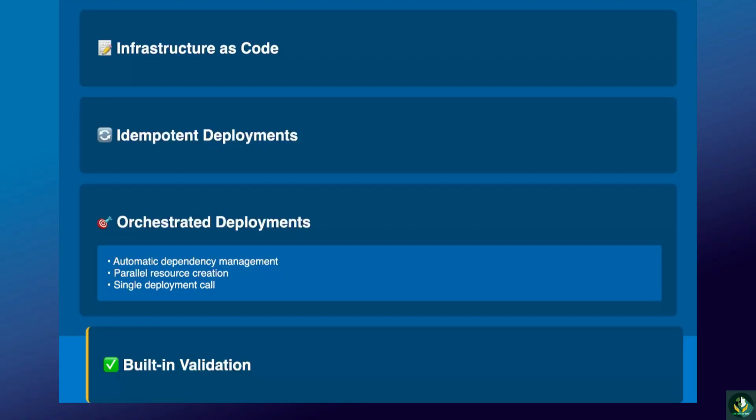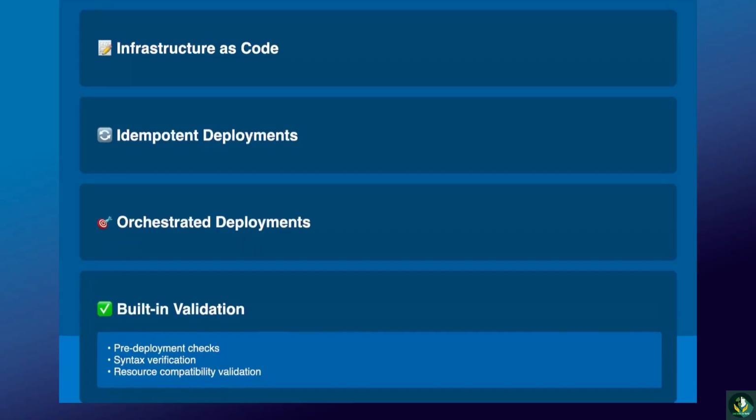Now, Resource Manager includes built-in validation to check your template before deployment. This validation ensures that your template is syntactically correct and that the resources can be deployed as intended. By catching errors early, ARM templates help prevent deployment failures.